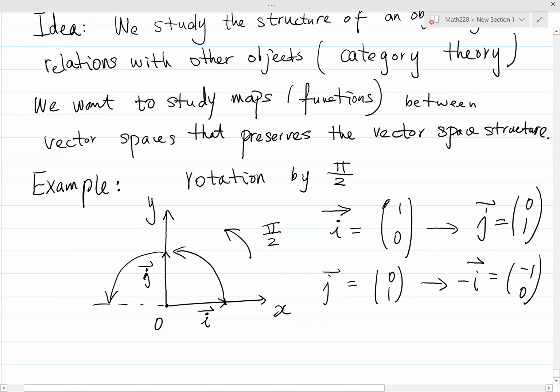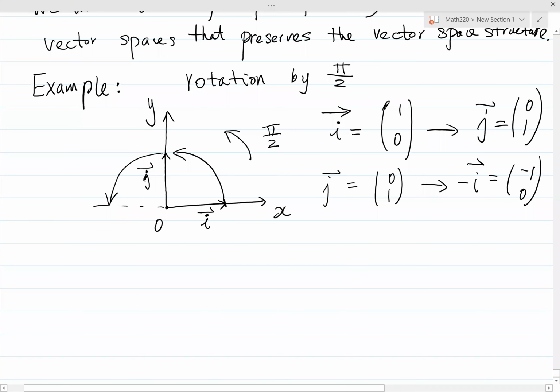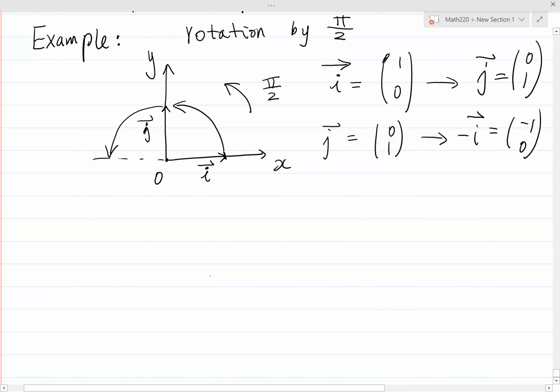Now this operation, rotation by power 2, preserves the vector space structure. If we have this vector plus this vector, V1, V2, we get their addition, V3.